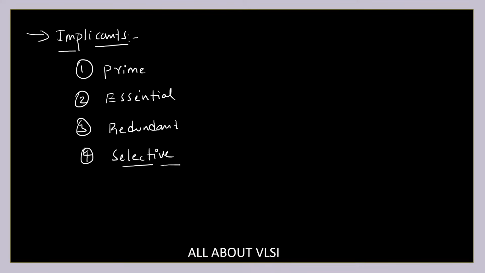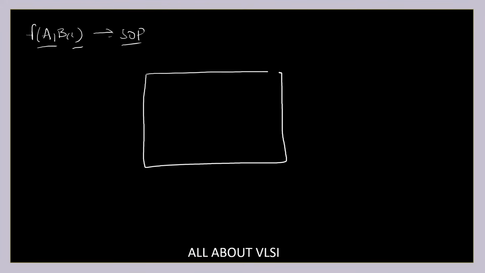Right. So let us try to understand what we mean by implicants. Okay. Now, let's say I have a three variable function f of a comma b comma c, and I'm going to consider the SOP form of representation. So let's take a simple K-map like this. This is a simple three variable K-map with eight cells.